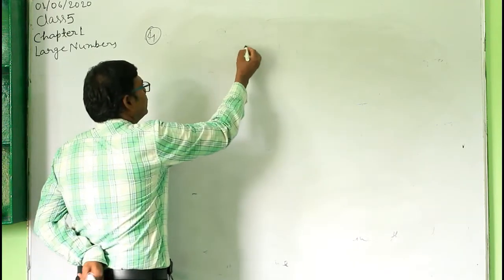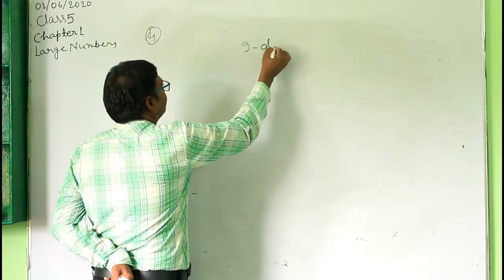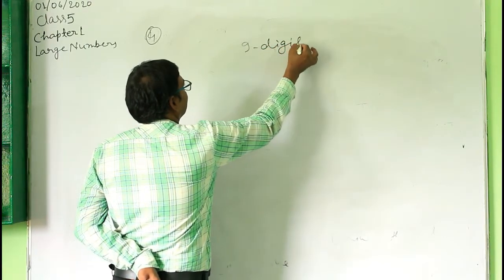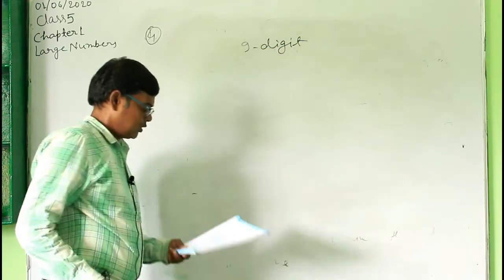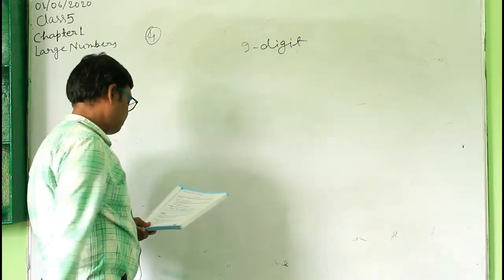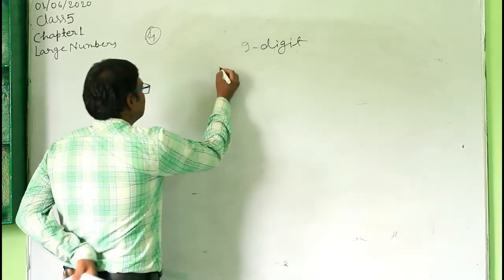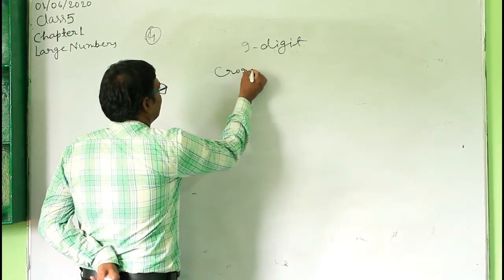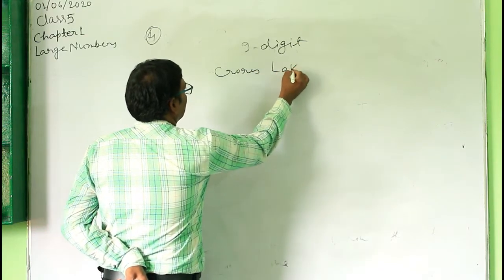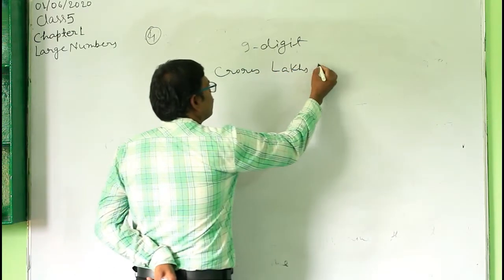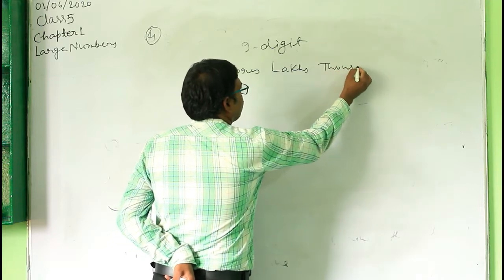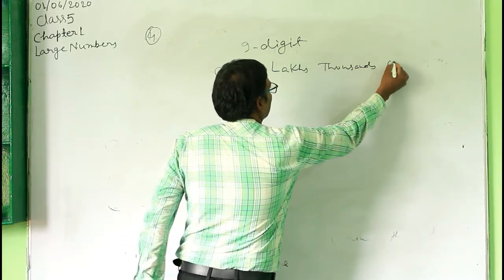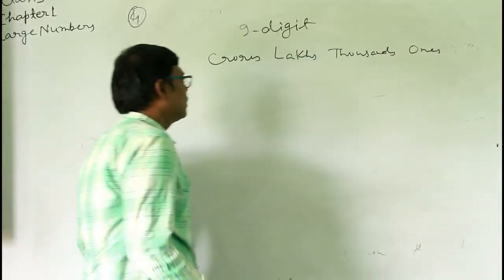That is, you have the 9-digit number in this case. So in this, the periods are crores, lakhs. So these are the periods.